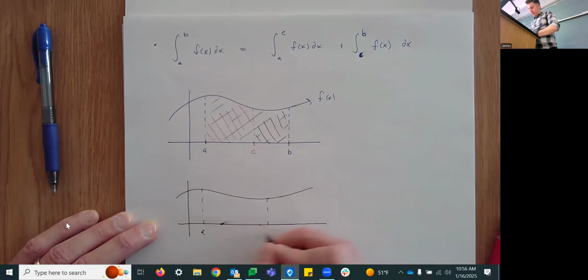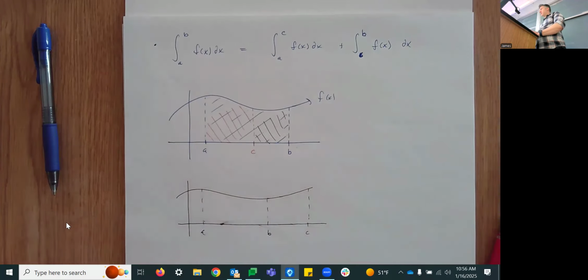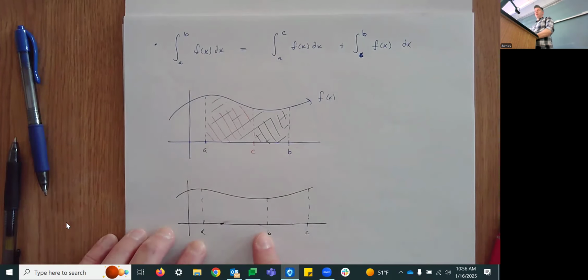Let's say here's a and here's b, but now c is over here. So is this statement up here still true? Is the area from a to b the same as the area from a to c plus the area from c to b? Oh, but the area c to b is kind of out of order.